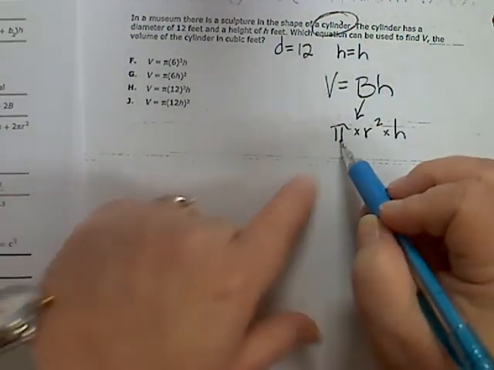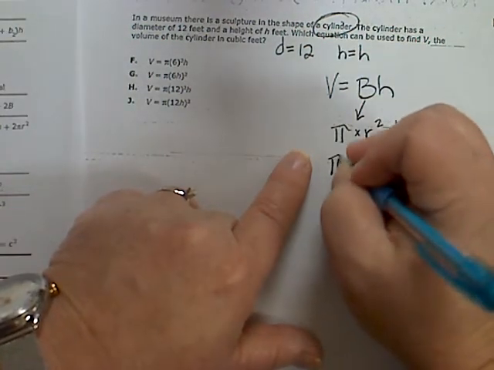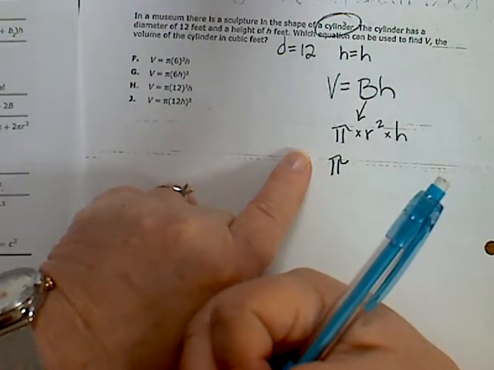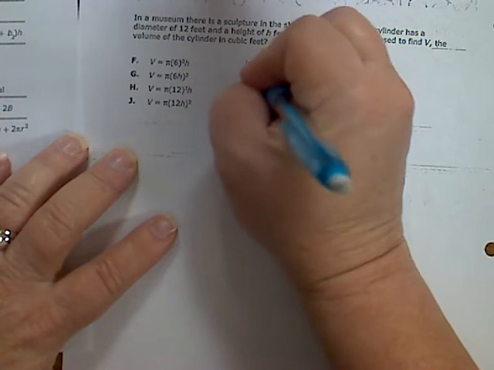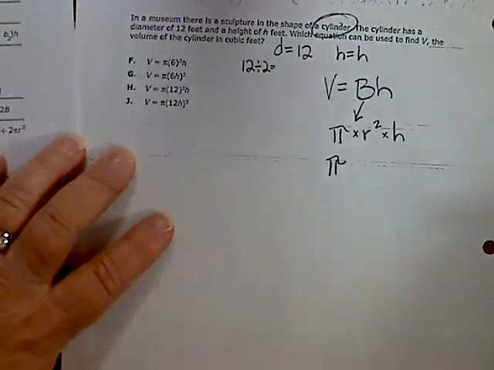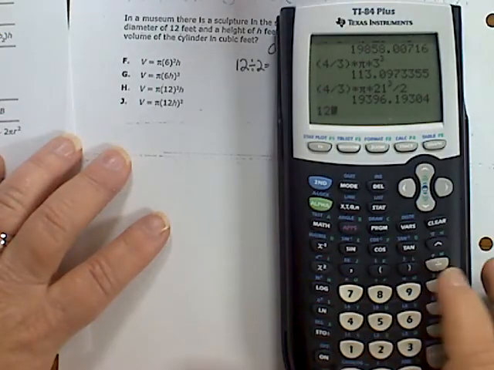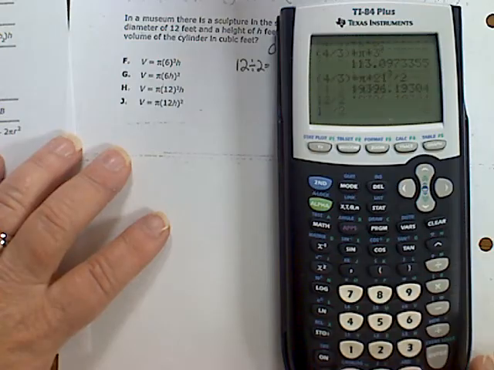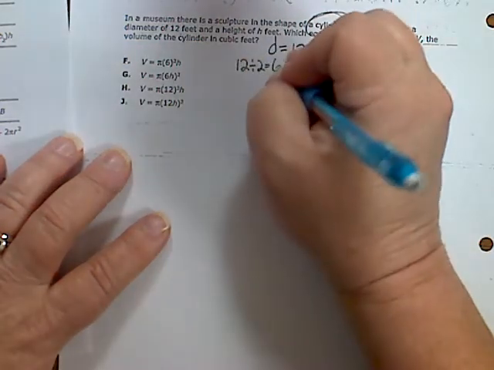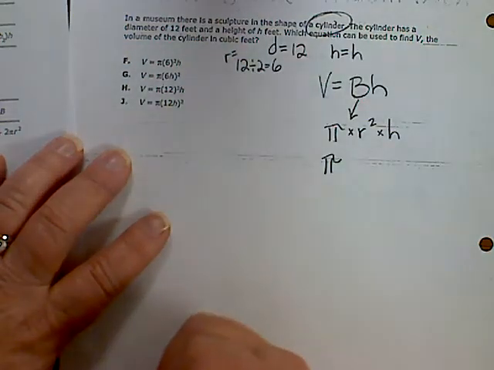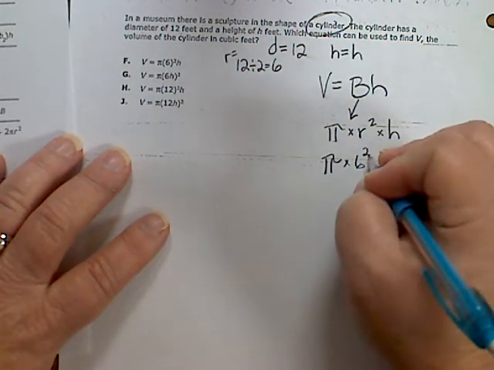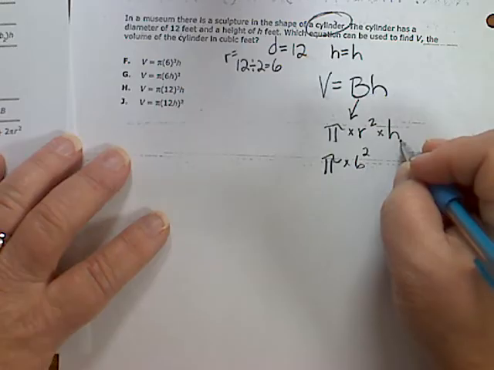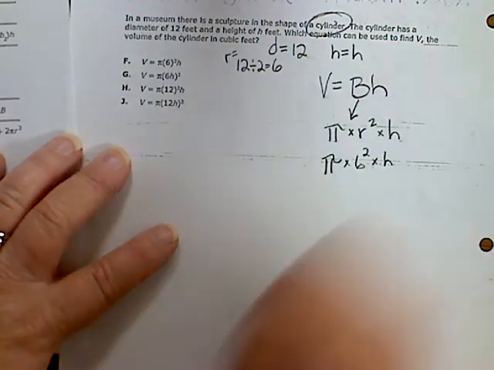Now, I know what pi is. Do I have an r? No, I have a d. So I would need to do 12 divided by 2 to find my r, and I would find out that r is equal to 6. Okay? So I could plug in times 6 squared, and they haven't given me a number for h, so I'm just going to plug in h.